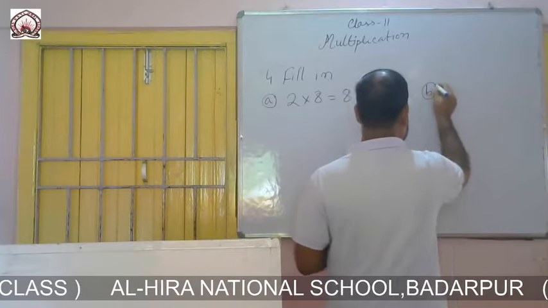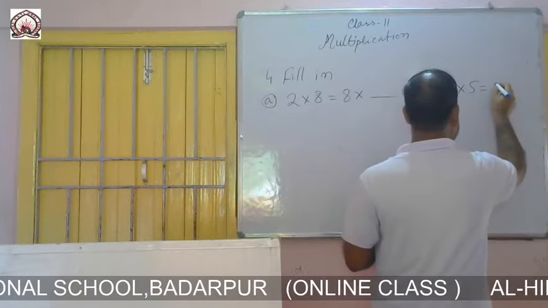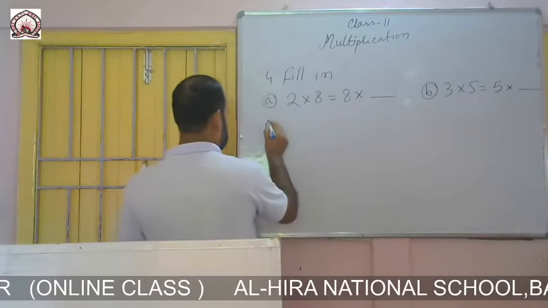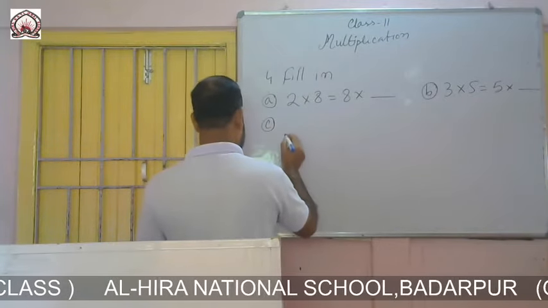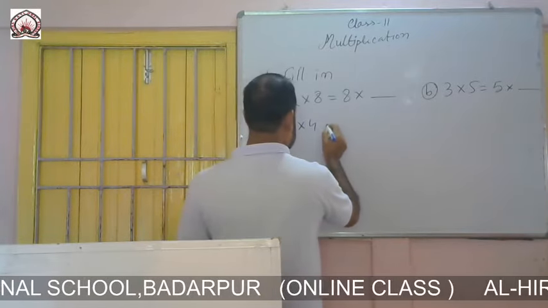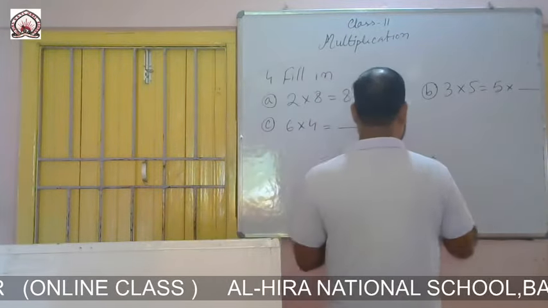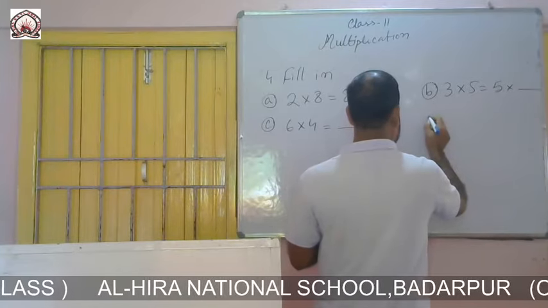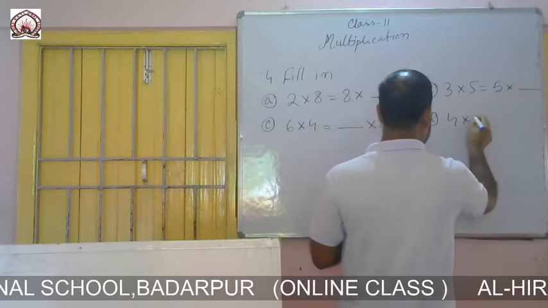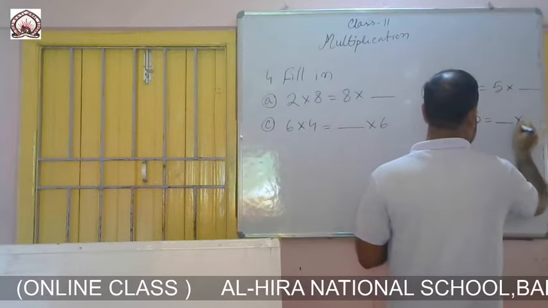Question number B: 3 into 5 equal to 5 into dash. Question number C: 6 into 4 equal to dash into 6. Next, question number D: 4 into 5 equal to dash into 4.